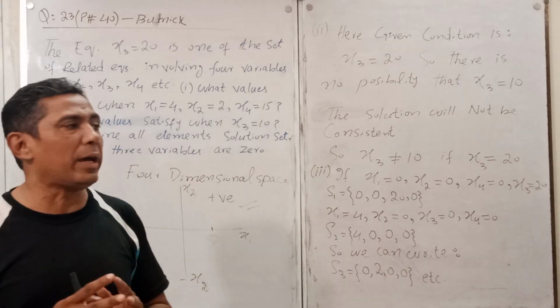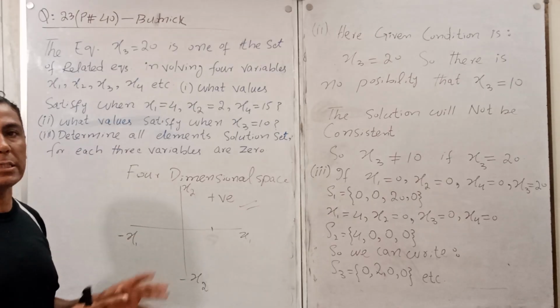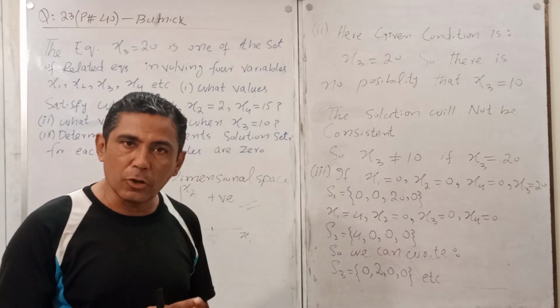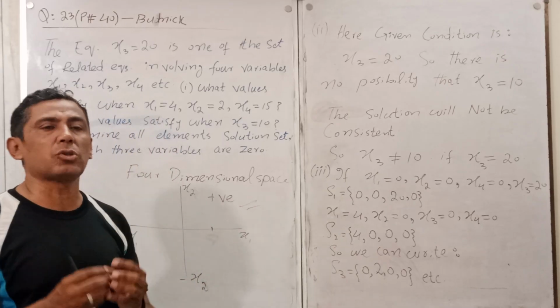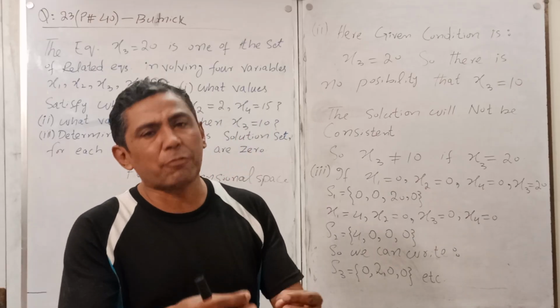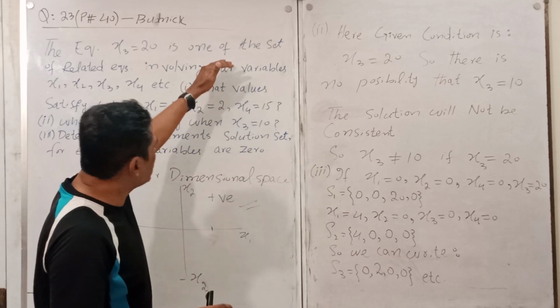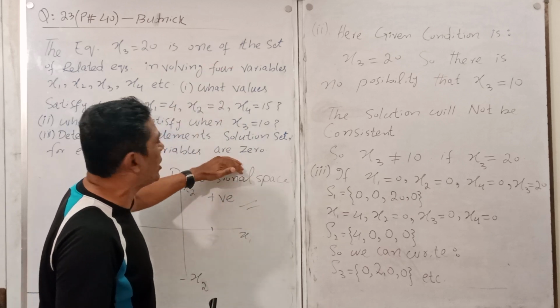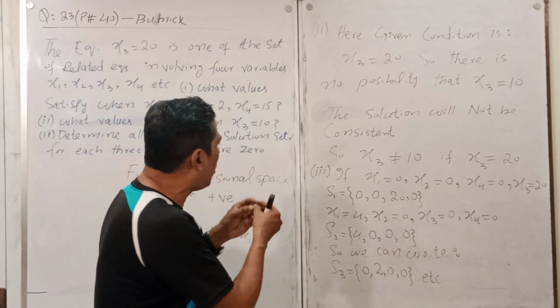That's why it is not easy to graph four-dimensional space in this region. You got my point? That's why he hasn't asked you to plot the graph of this question. You just have to solve this equation, identify the conditions and write the possible solutions.